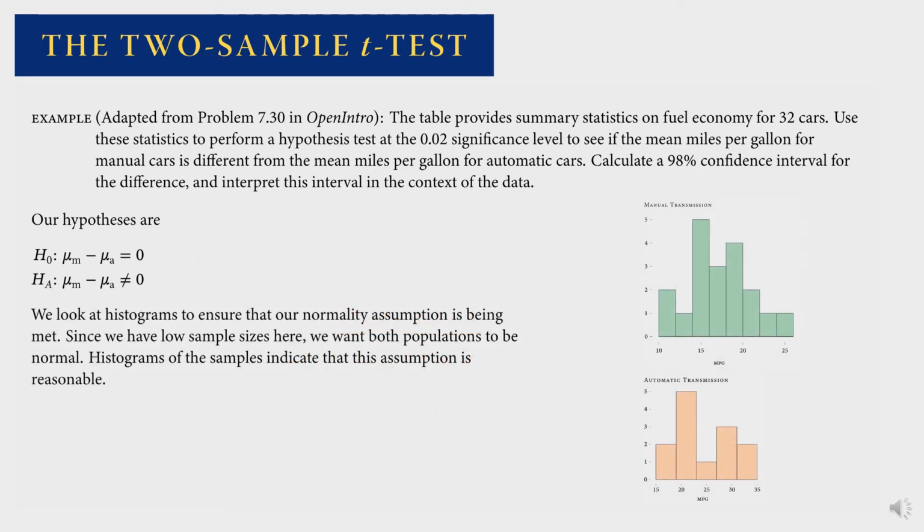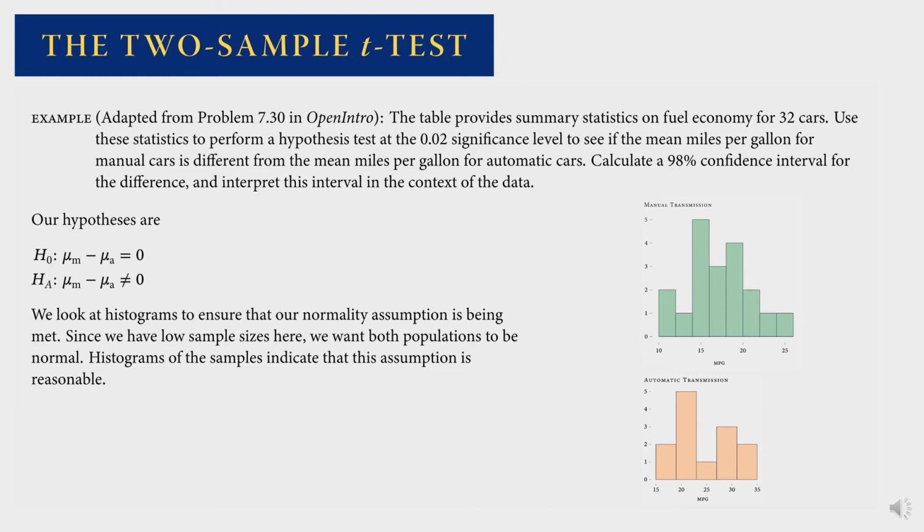We should always check that the assumptions of our test have been met. We'll assume independence because I don't know how these cars were sampled. The central limit theorem will work if n is greater than or equal to 30 and there are no extreme outliers. But both samples have less than 30 observations.